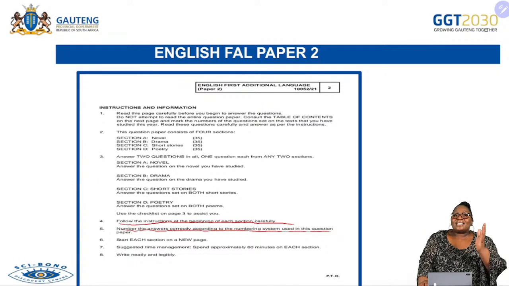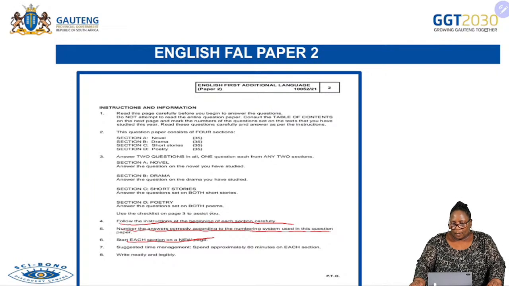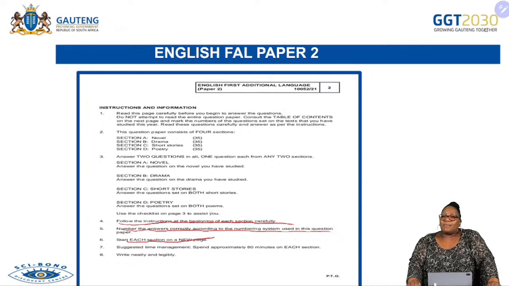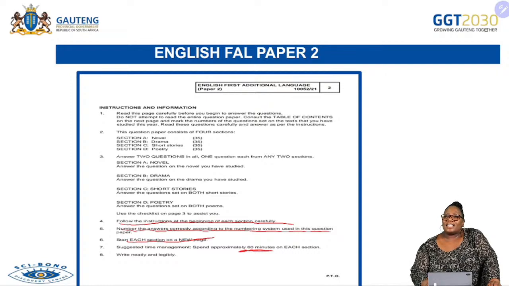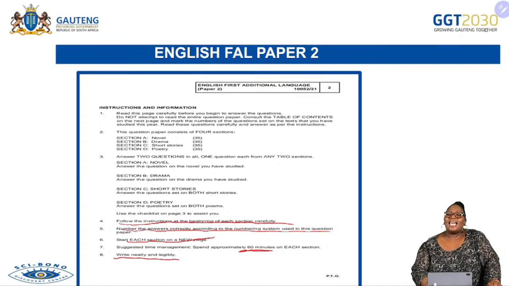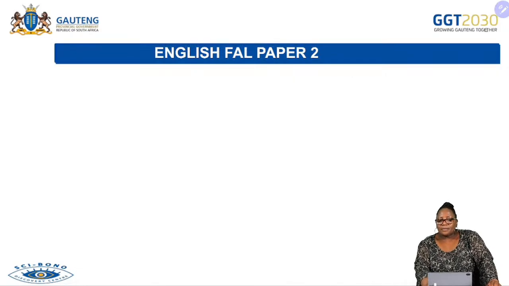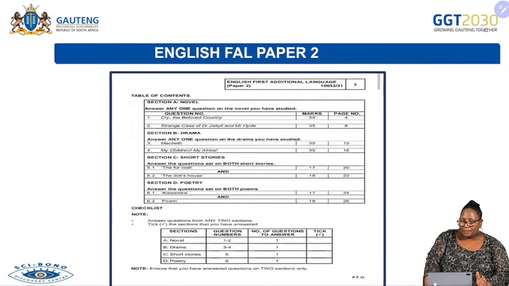Then you must start each section on a new page. The suggested time will be about 75 minutes for each section, and kindly write neatly and legibly. When you go to page 3, there is a table of contents.